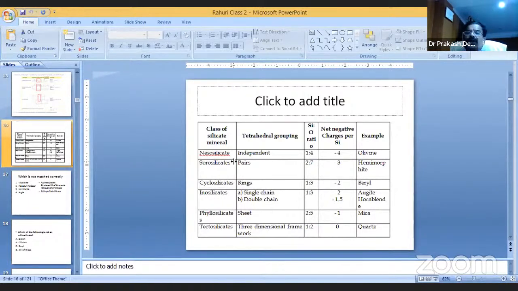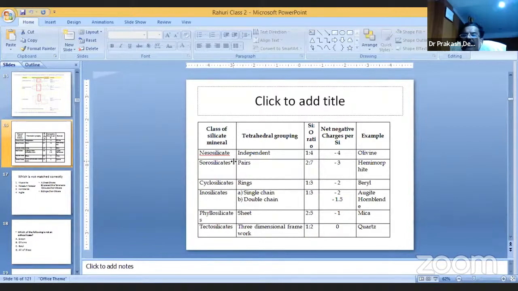Silica oxygen ratio in each of these groups: in case of nesosilicates, otherwise called orthosilicates or island silicate group, 1:4. In case of sorosilicates, paired, it's 2:7. Cyclosilicate 1:3. In case of inosilicates, once again 1:3. Phyllosilicates 2:5.